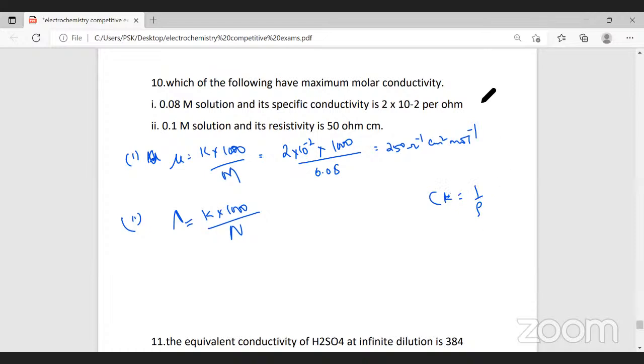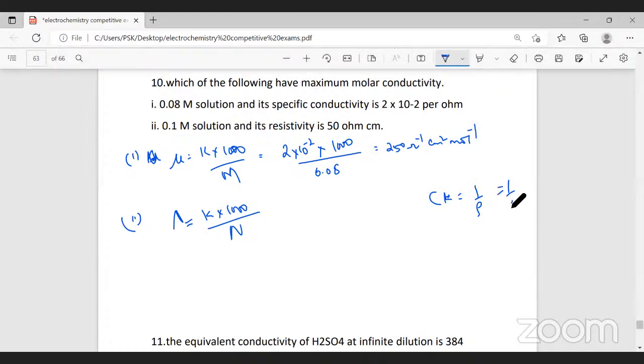So that is nothing but 1 by 50. If you substitute here, it will be 1 by 50 into 1000 divided by normality, which is 0.1. So you'll get 200 ohm inverse centimeter square per equivalence.